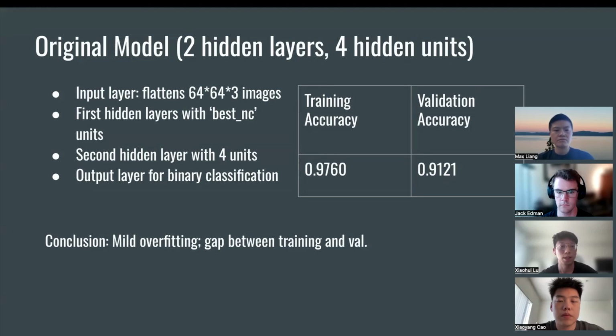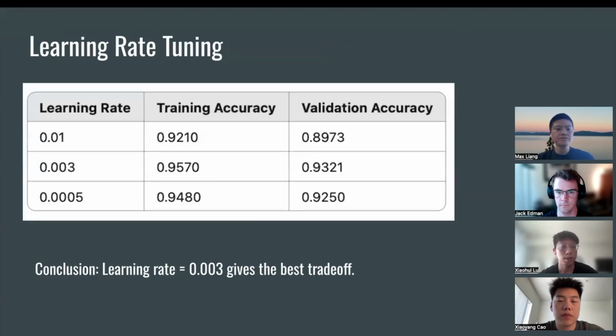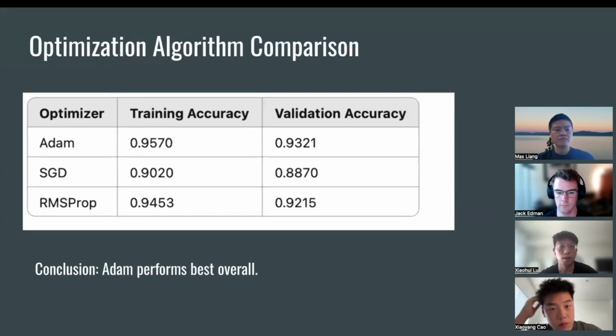Next, we tested 3 learning rates: 0.01, 0.003, and 0.0005. A learning rate of 0.003 gave the best balance between fast learning and model stability. Then we tested 3 different optimizers: SGD, Adam, and RMSprop, all using the same learning rate of 0.01.